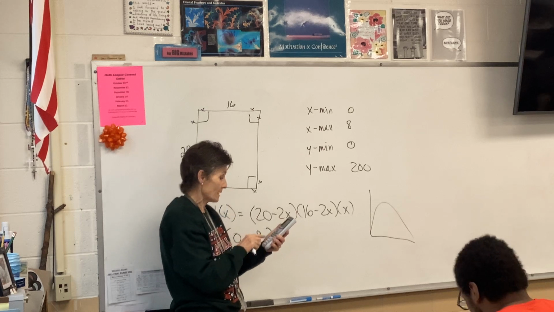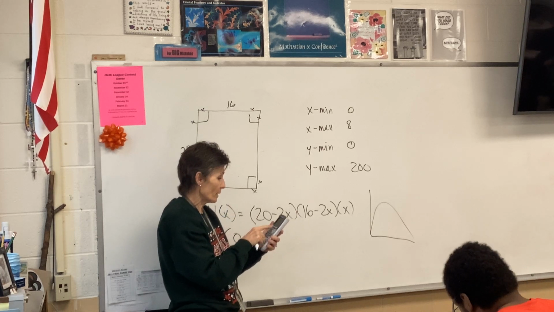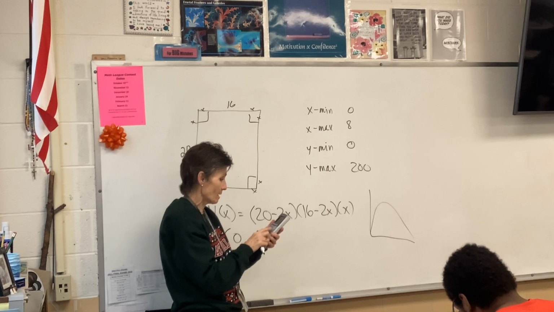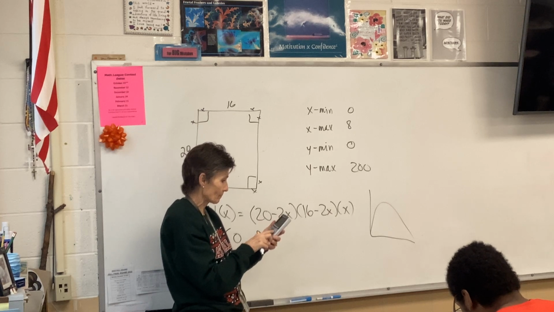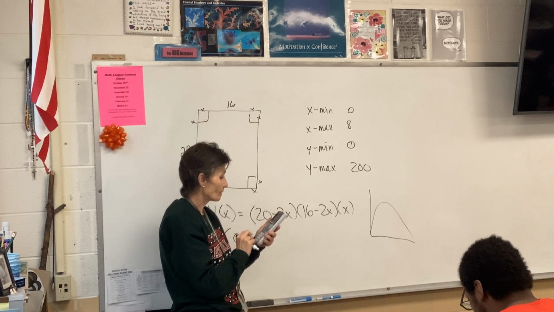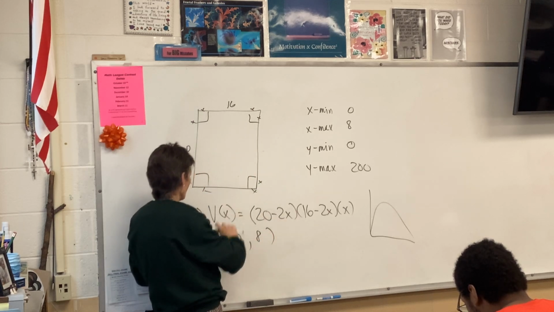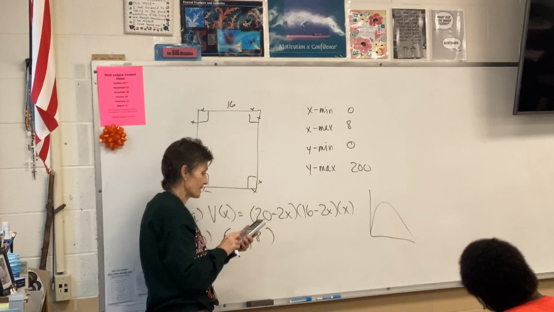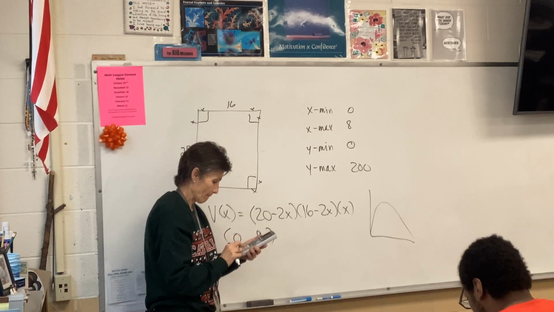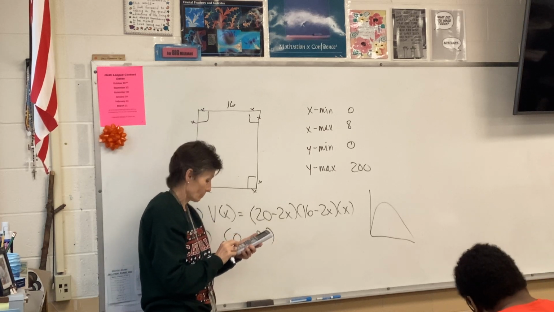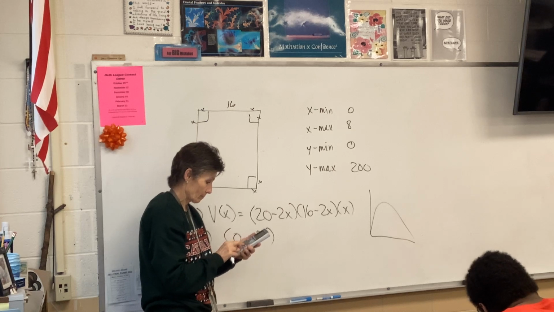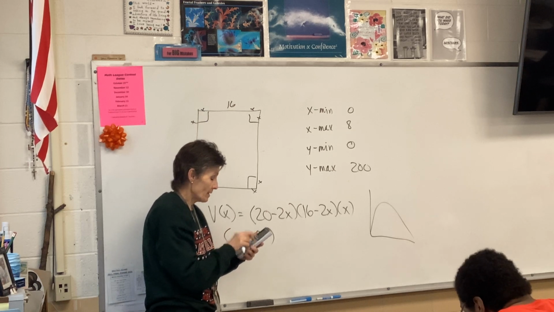So I'm going to my calculator, going to window, and putting those numbers in. And then I'm going to go to my equation, y equals, and I'm going to put this in. And then I'm going to hit graph.